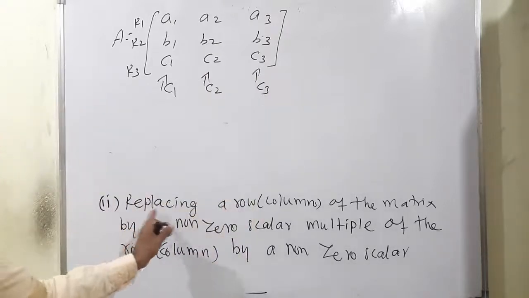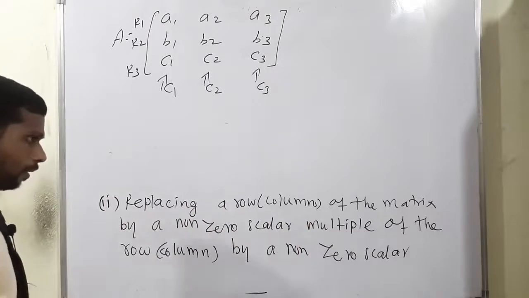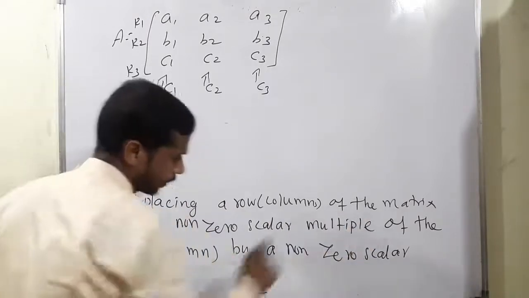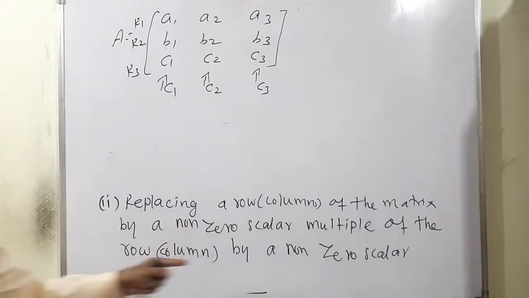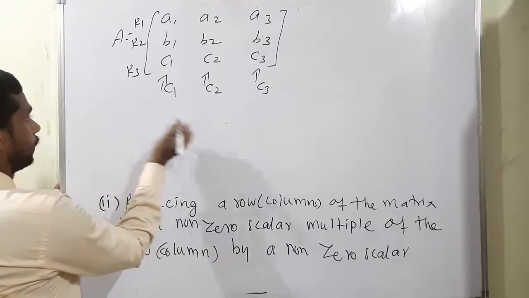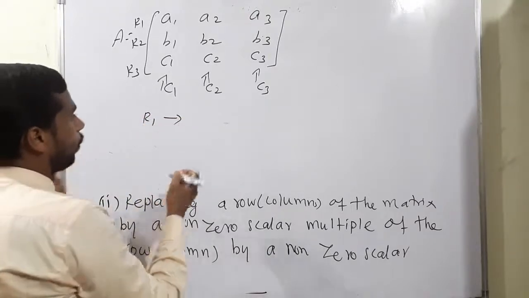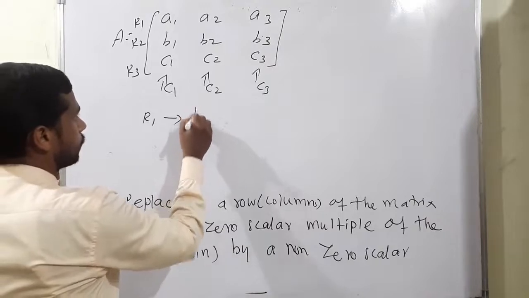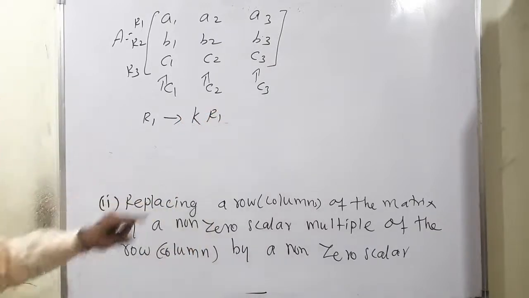Replacing a row or column by a non-zero scalar multiple means the multiplication value is also non-zero. So we apply it to row 1: multiply by some constant, k into R1, with R2 and R3 as they are.